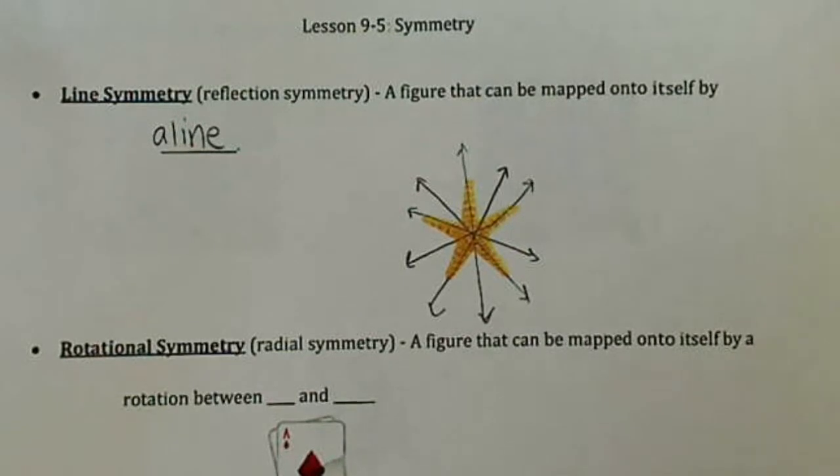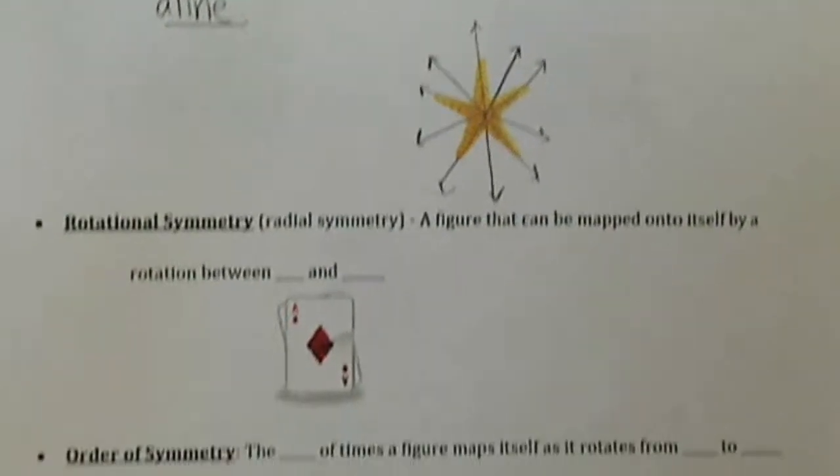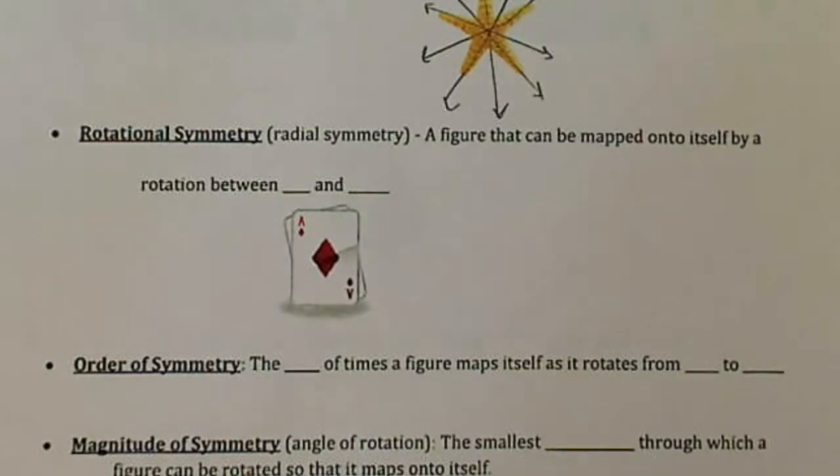Let's talk about rotational symmetry. This type of symmetry is a little less familiar, but we call it radial, and that's when you rotate it. If I rotate my paper like this, it doesn't look the same anymore because it's been changed.